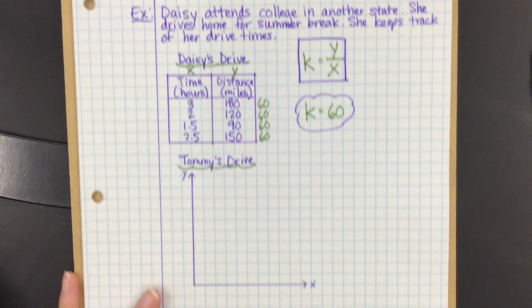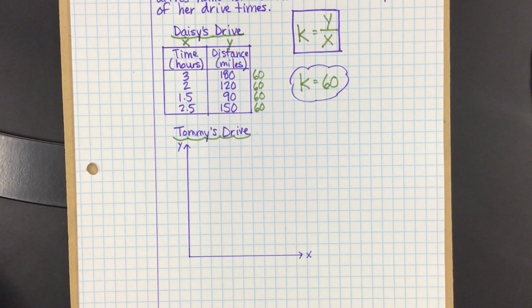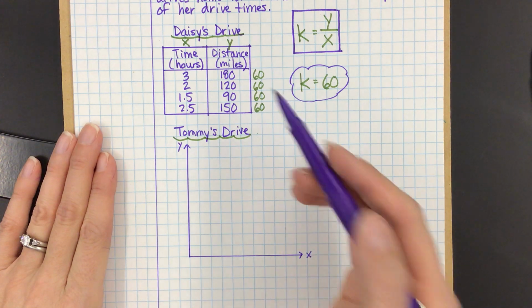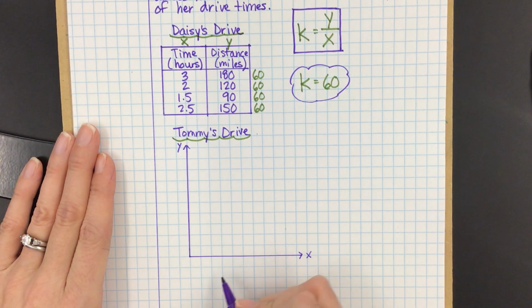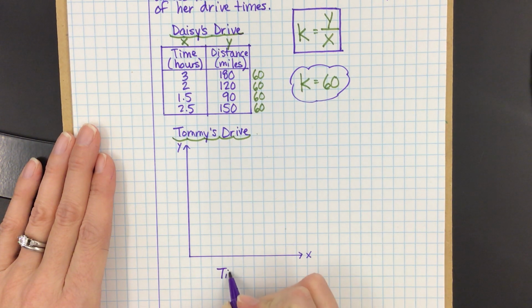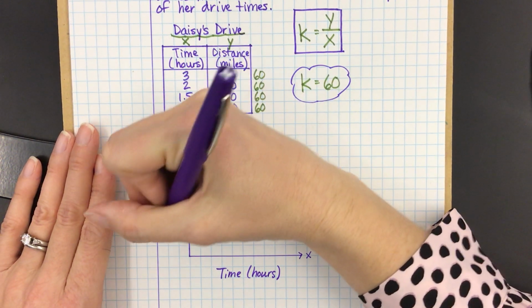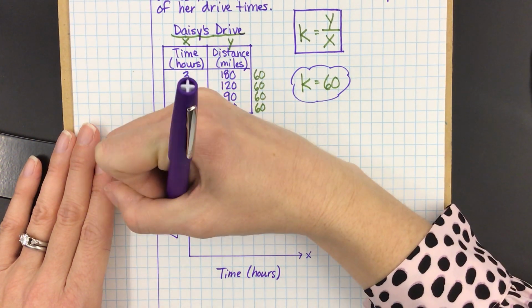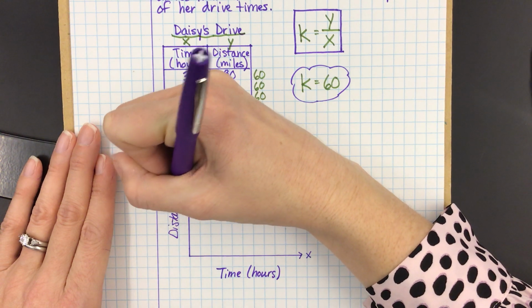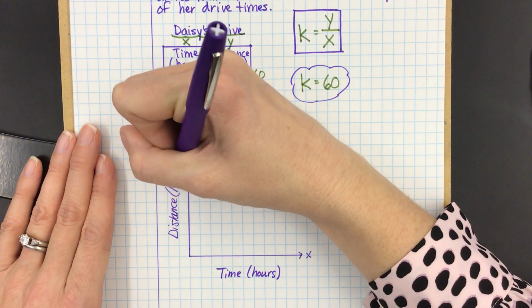And let me move it up so you can see. Okay, remember our x is time, so I'm going to write time in hours down here. And then we're going to put our distance in miles on the side here.